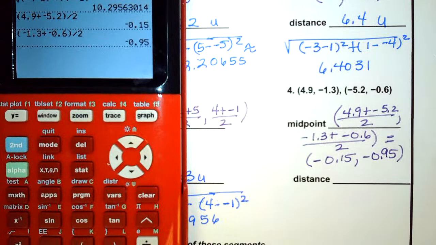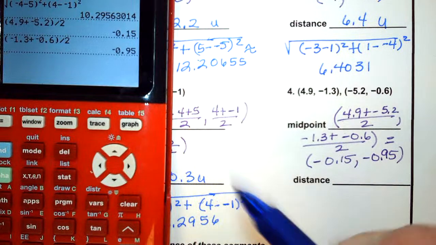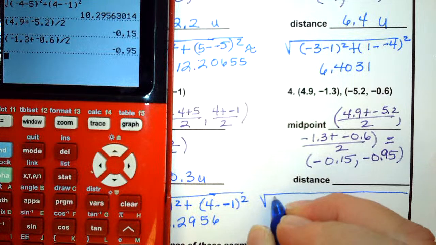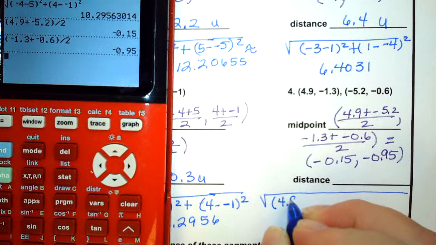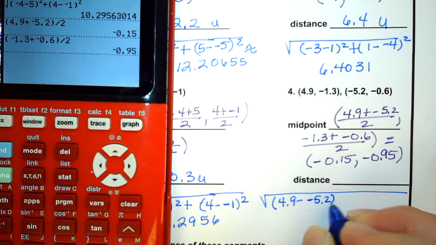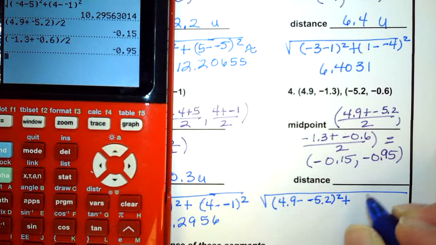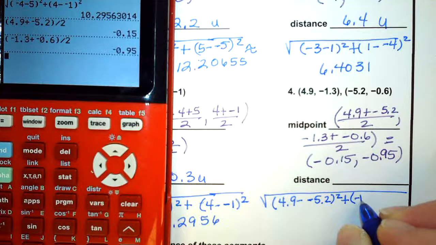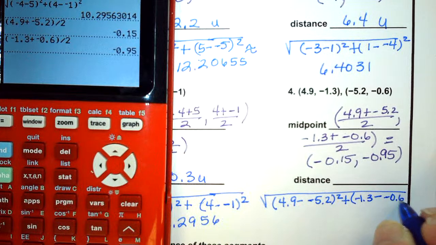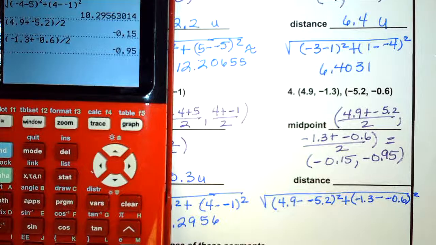Okay, what about the distance? Well, the same thing's going to happen. It's just going to be really long. So this will be (4.9 minus negative 5.2) quantity squared plus (negative 1.3 minus negative 0.6) quantity squared.